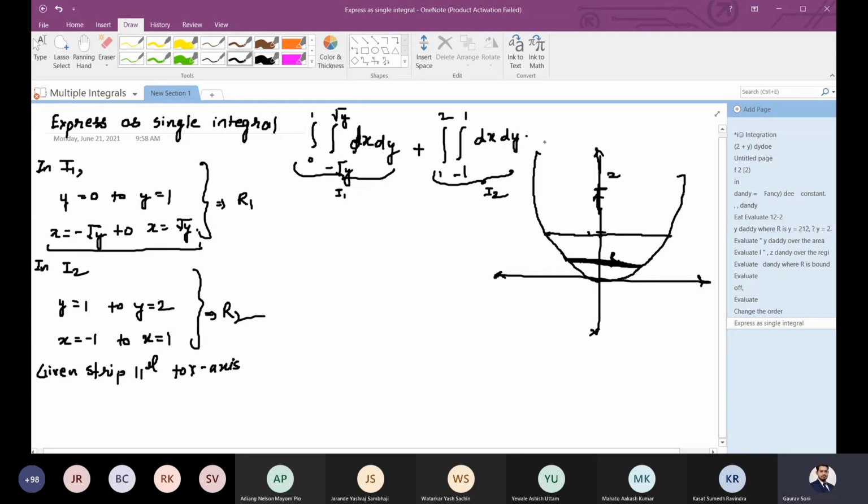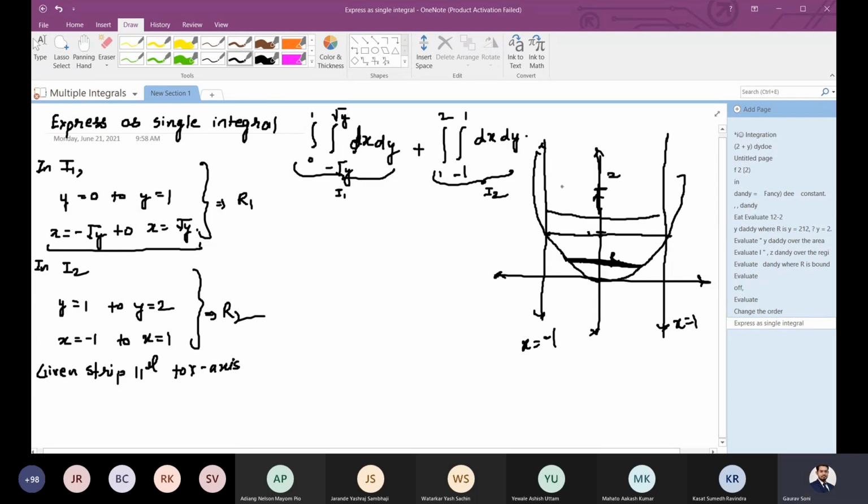So we'll have a straight line like this over here, which is x equal to -1, and the straight line over here, which is x equal to +1. So what is happening? Beyond the point y equal to 1, our strip starts from x equal to -1 to x equal to +1.